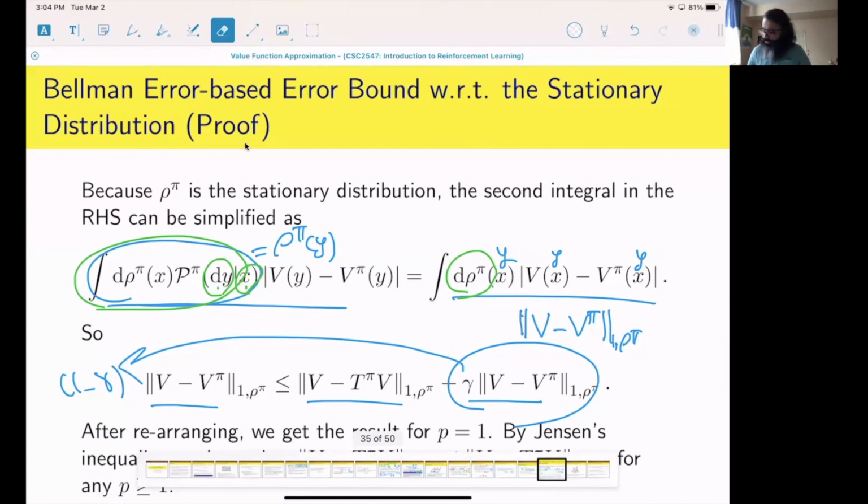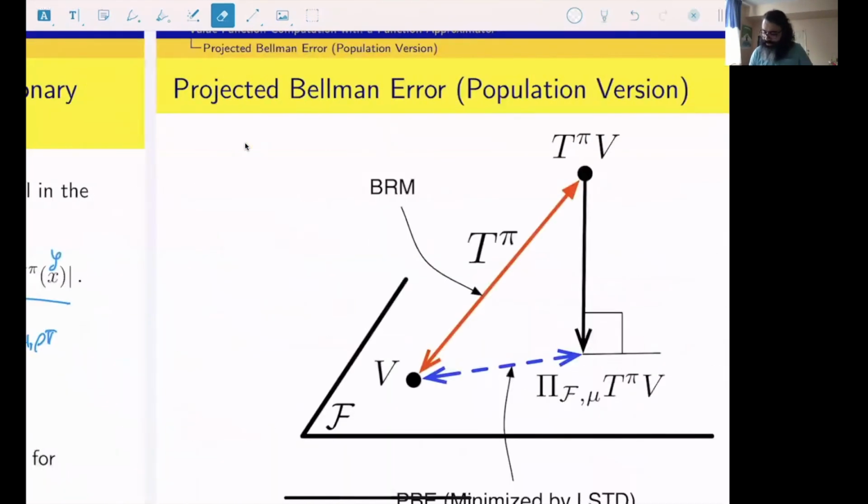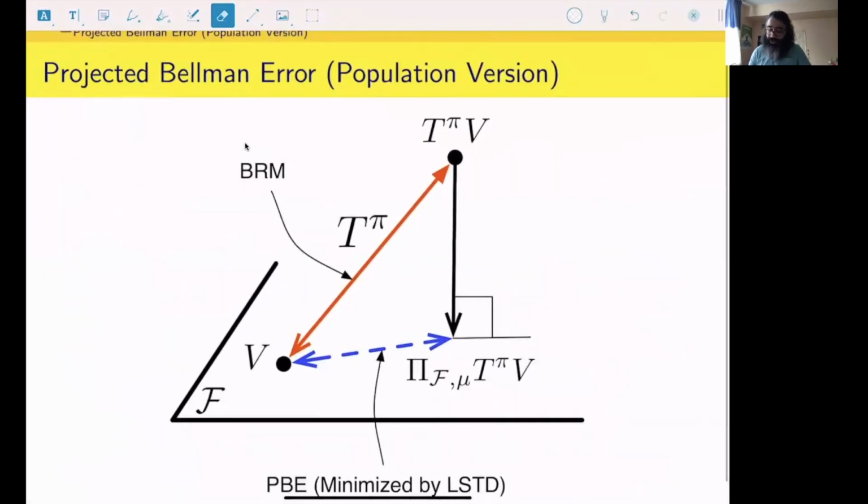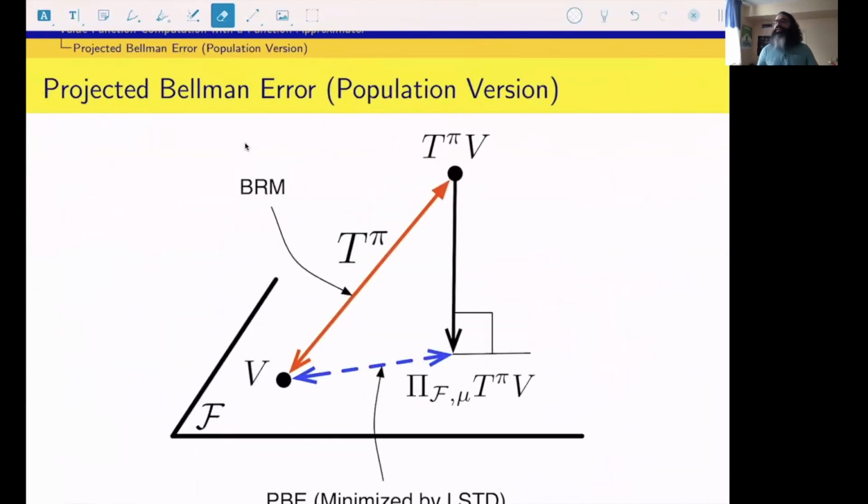Okay, so next I talk about another method called projected Bellman error. It turns out many different methods would be somehow related to this, even temporal difference learning.